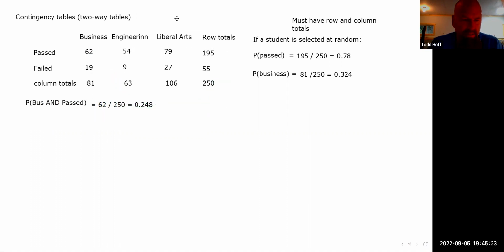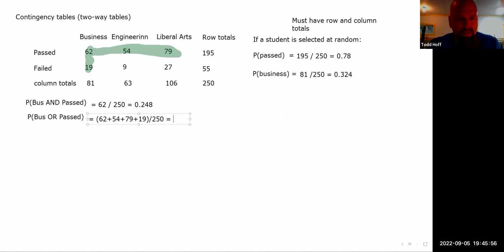What if I asked, what's the probability of being business or passed? This is going to be a little bit trickier. So here's my business students. Here's the ones that passed. Notice I didn't include the totals there. So I have to add all of those up. So it's the 62 plus 54 plus 79 plus 19 out of the 250.